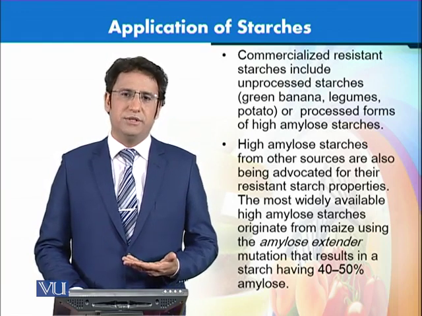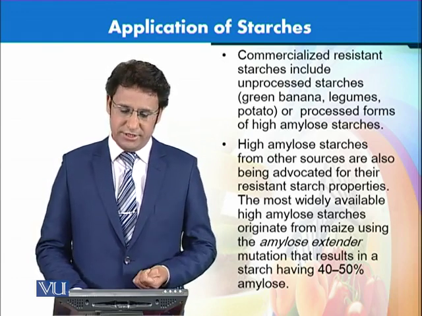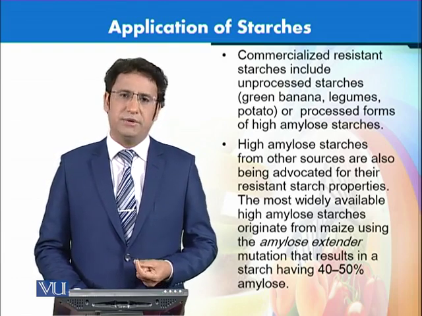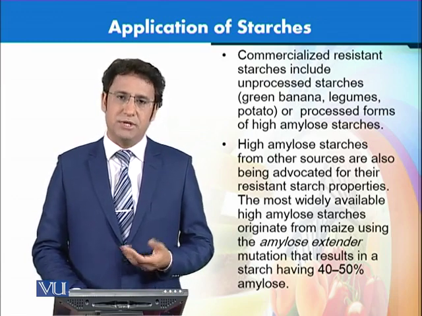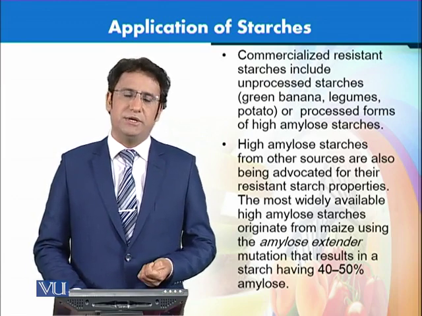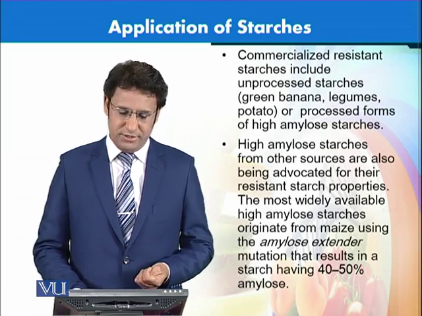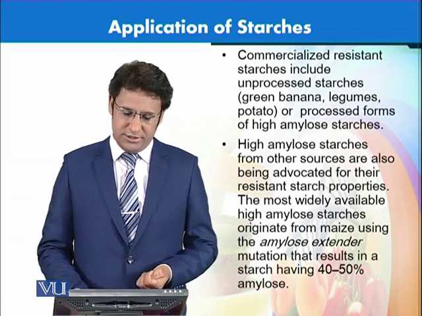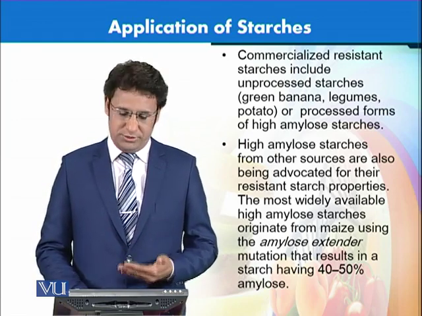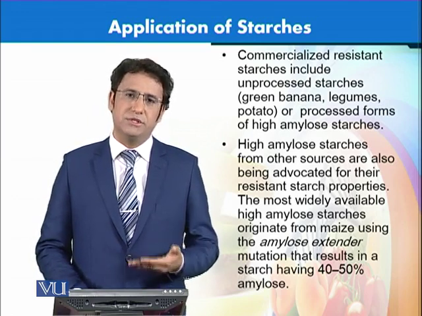They exist in unprocessed form, such as green bananas, legumes or potatoes, where people have developed resistant starch varieties. Or they can be in processed starch form that has high amylose content. High amylose starches, as I said, might be utilized for this property, since more resistant starch is produced.